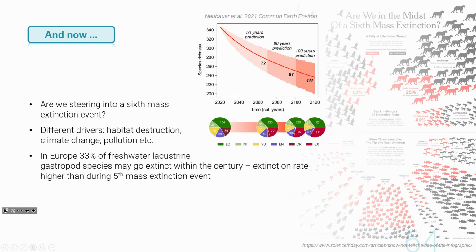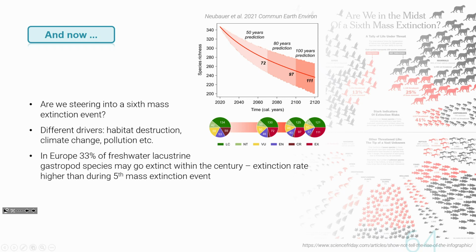And when we talk about freshwater gastropods and have a look only at the IUCN conservation statuses, and we just predict what happens based on these statuses, even a third of all species may go extinct if we don't do anything. Which would be an extinction rate that is about 1,000 times higher than when the dinosaurs disappeared. That should tell us something.